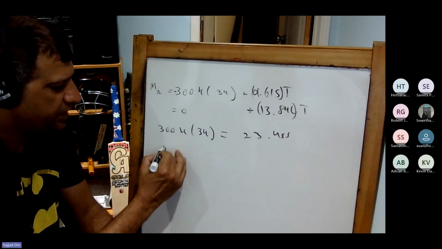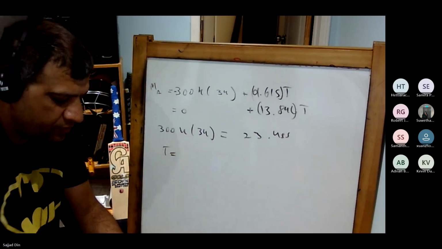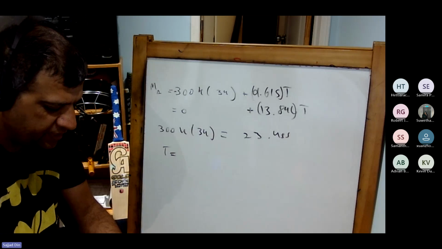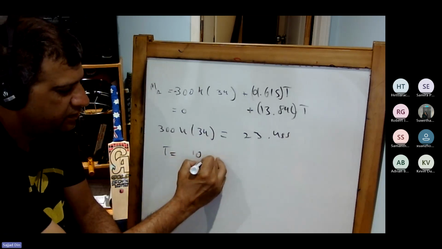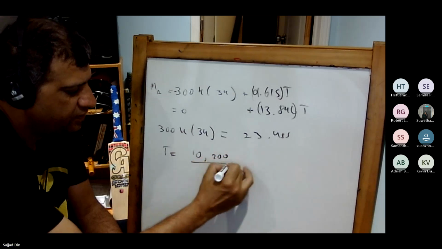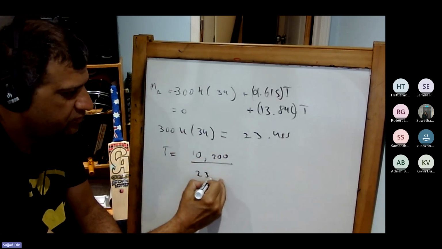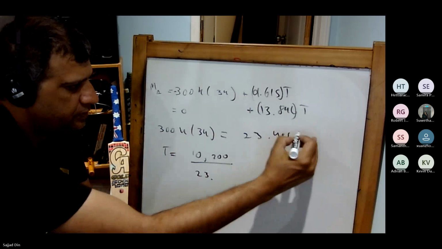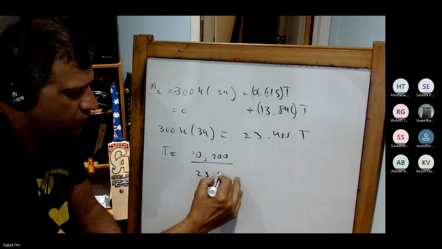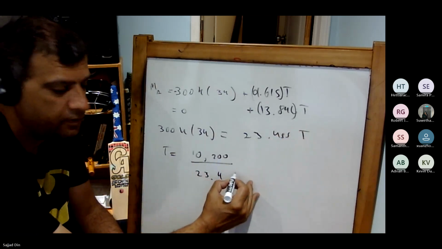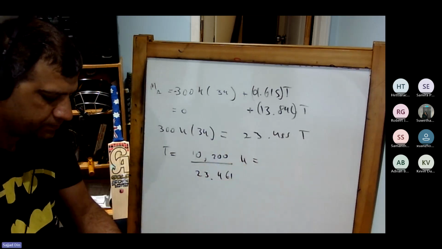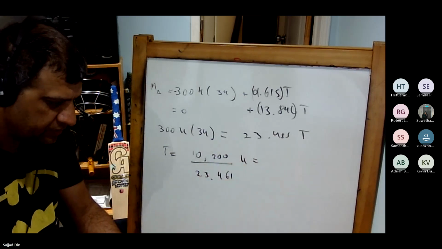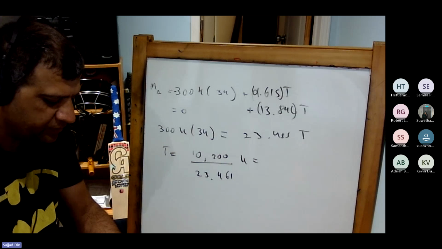So T is going to be equal to 300K times 34, which is 10,200 over 23.461, okay, which is equal to 434.746.